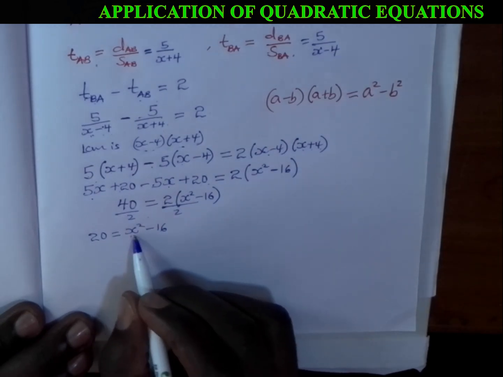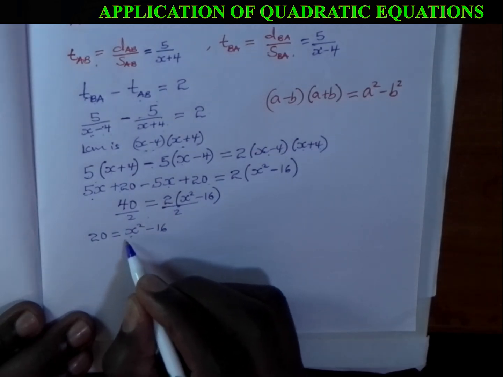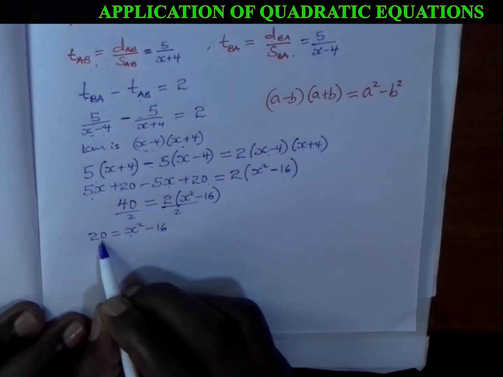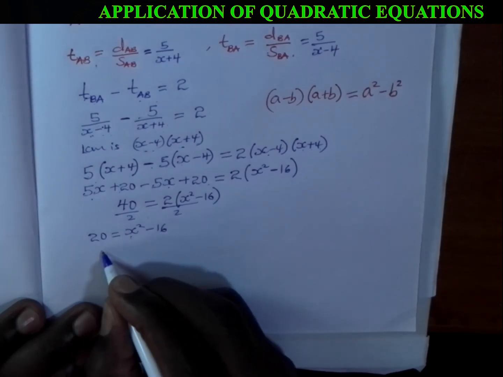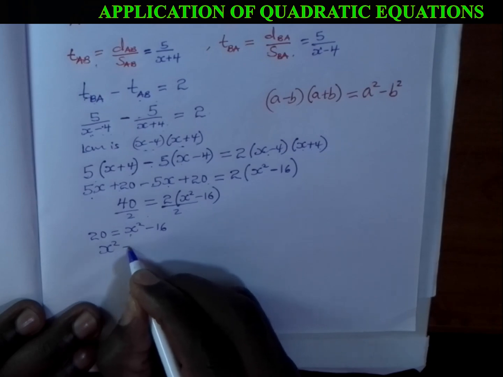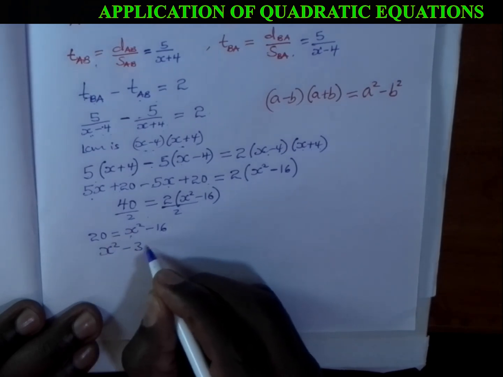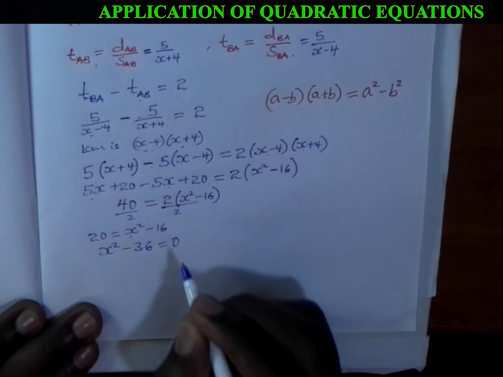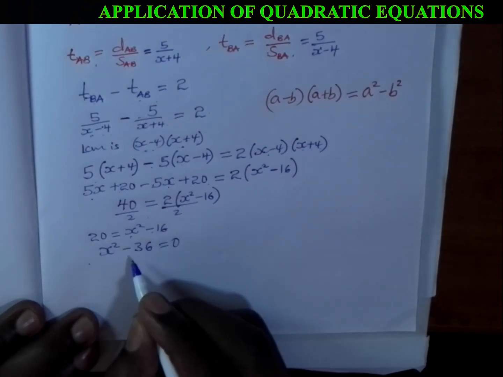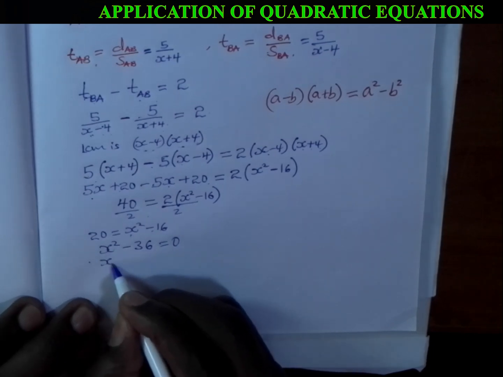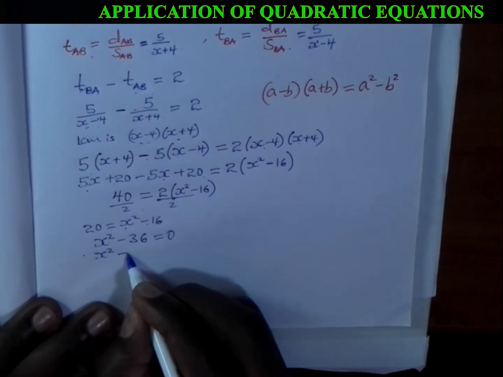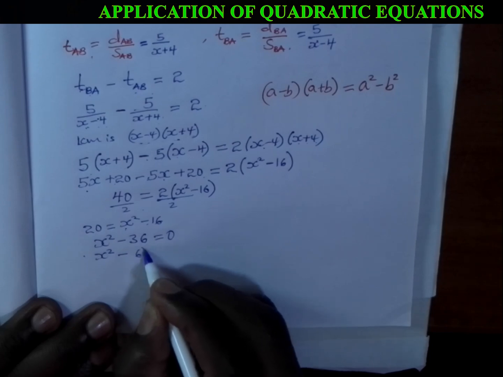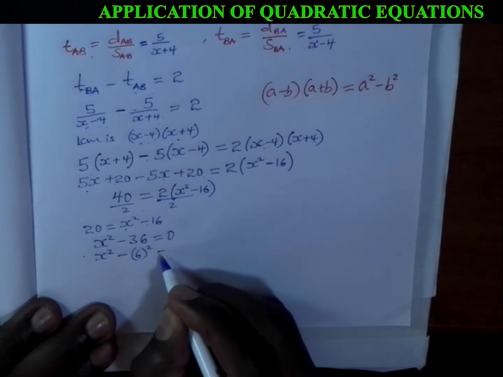So we can rewrite this as, we subtract 20 on both sides, so we shall end up getting x squared minus 16 minus 20, minus 36, is equal to 0. This can be written as x squared minus 6 squared is equal to 0.